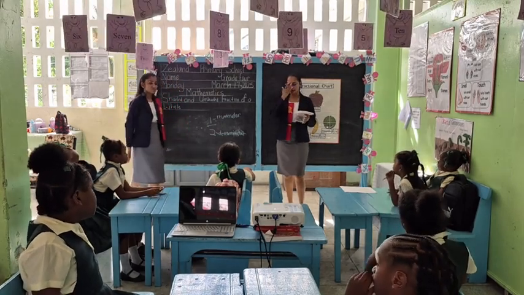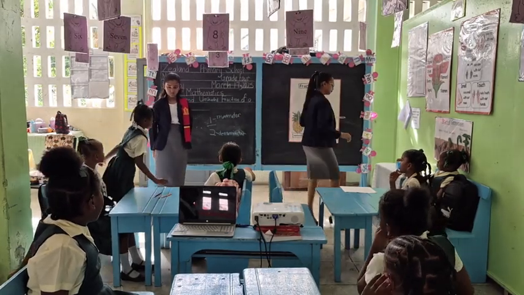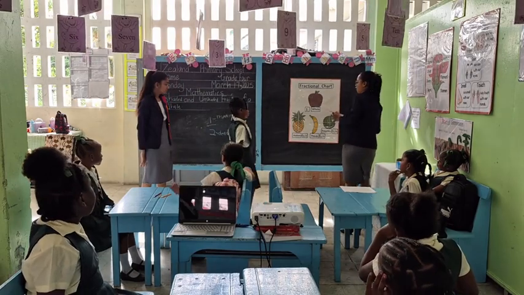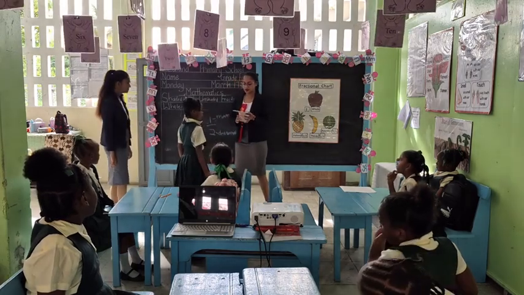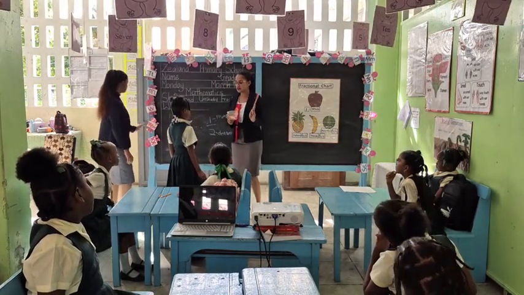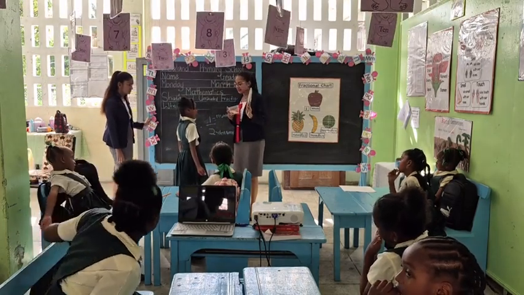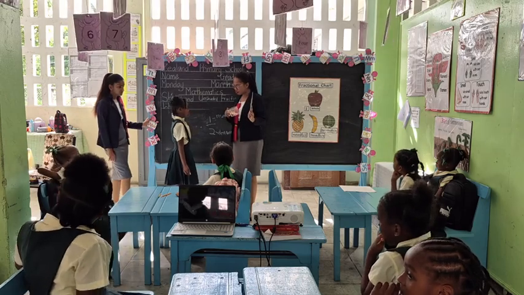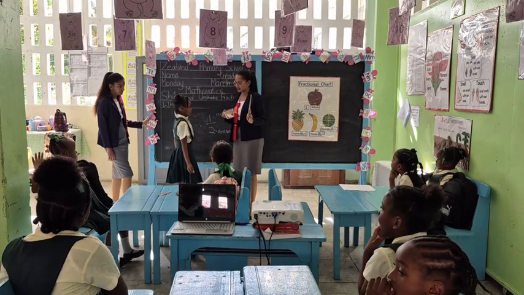Do you think you understand how we can represent this pizza in a fraction? Yes. Okay, so I'm going to ask Jazara. Come up, Jazara. Write here for me how we are representing this pizza in a fraction. So we had 8 slices. We removed how much? 3 slices.